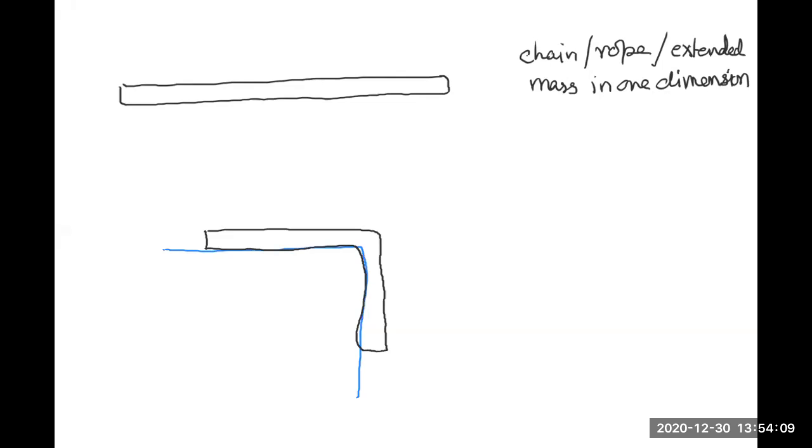Now what if I were to pull the rope in this direction? Then this part would have a velocity like this, and this part would have a velocity like this. So the individual parts of the rope or the chain can have different motions.